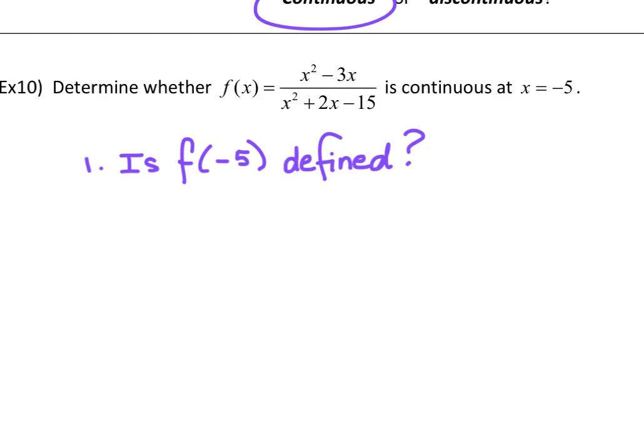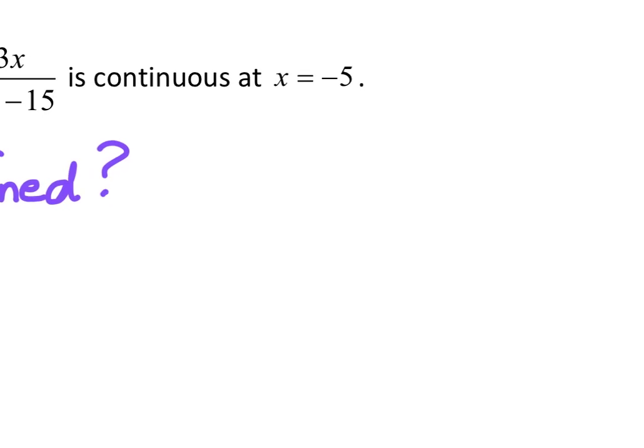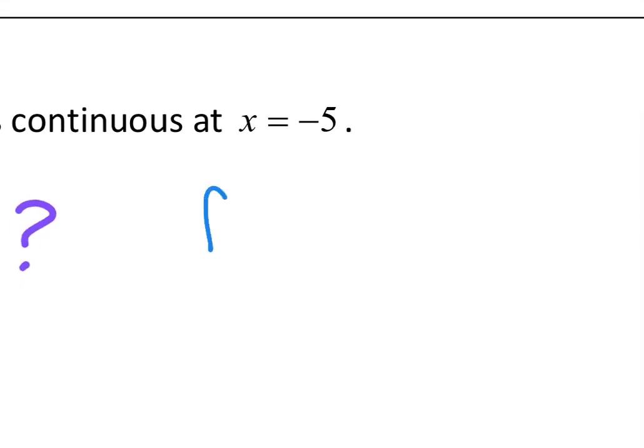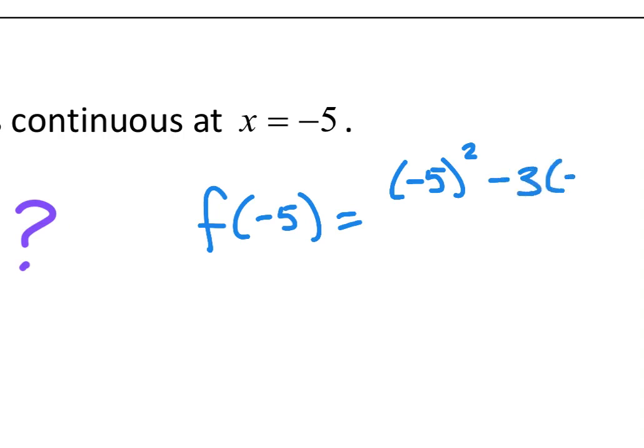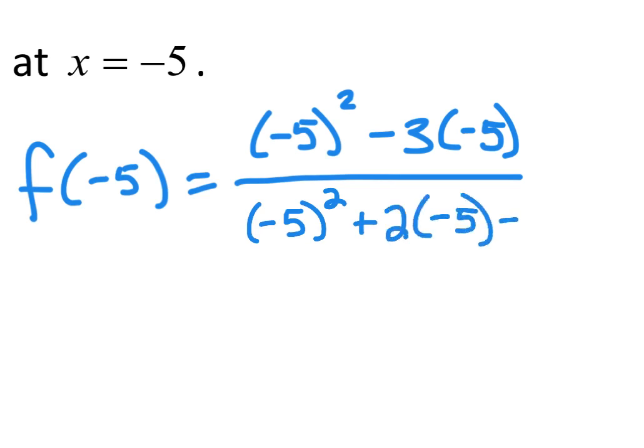Or if you wanted to, you could just say f of -5 would equal, and then substitute -5 in: -5 squared minus 3 times -5, all over -5 squared again, plus 2 times -5, minus 15, and you can compute it that way.